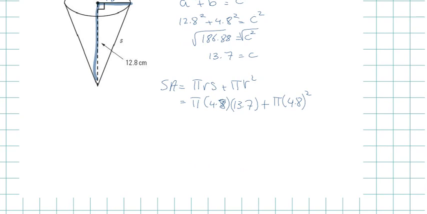Okay. And do you guys get 279? And that would be centimeter squared. Pi times 4.8 times 13.7 plus pi times 4.8 squared. Yeah. Okay? You okay with that?